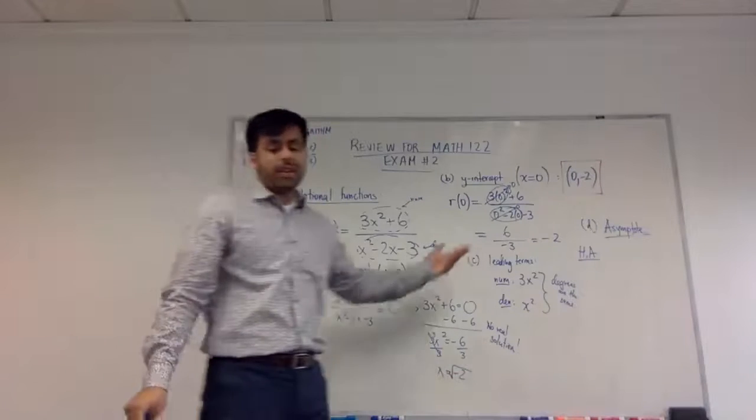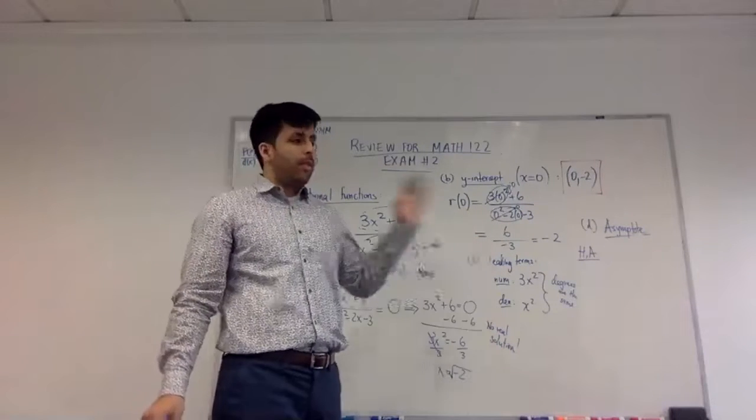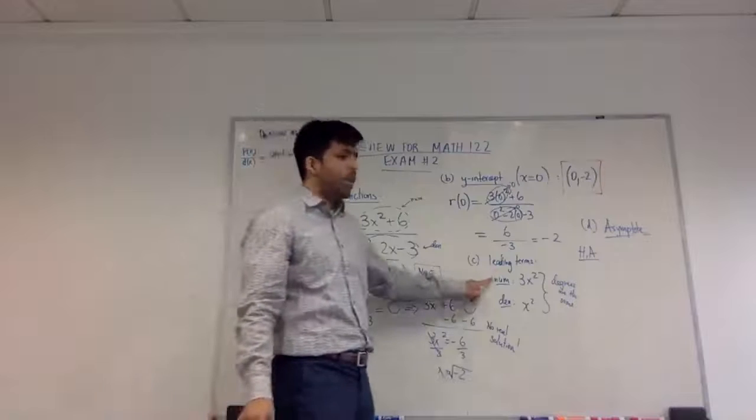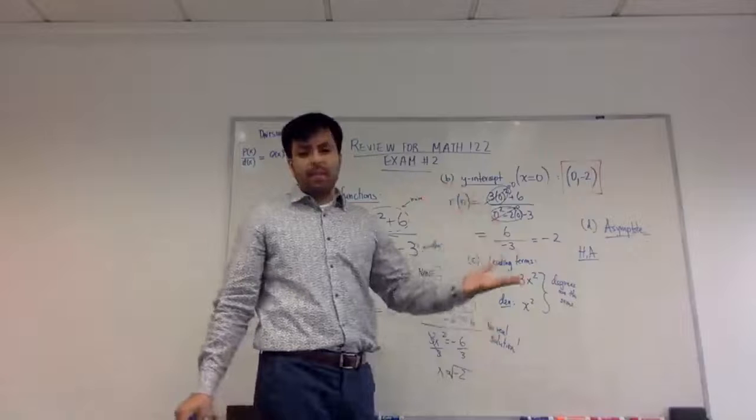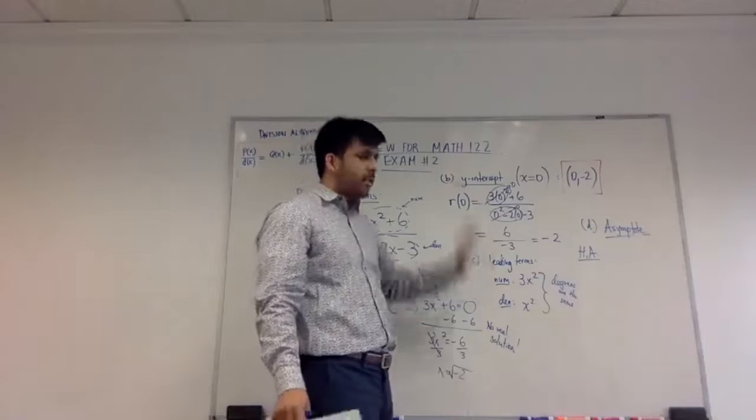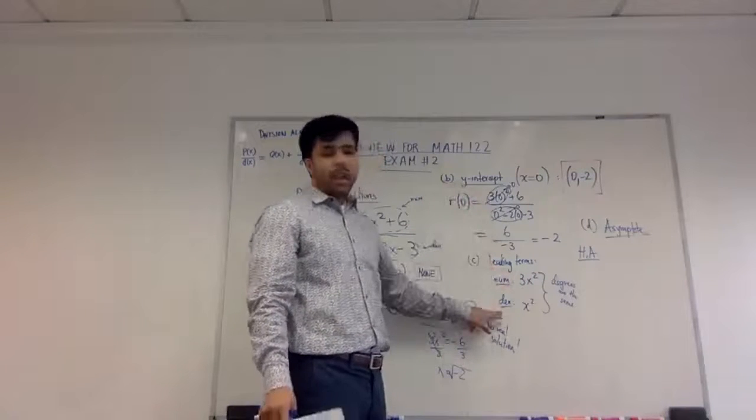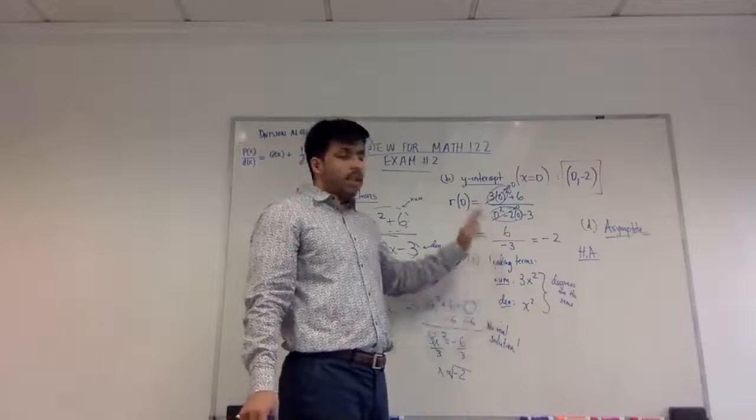So since the degrees are the same, remember we have 3 cases, right? Either the numerator can have a higher degree than the denominator, or the numerator and denominator have the same degree, or the numerator has a lesser degree than the denominator's degree. In this case, they're the same.